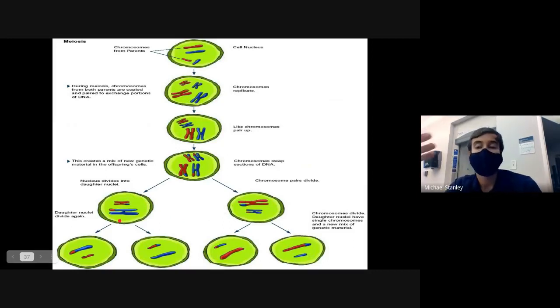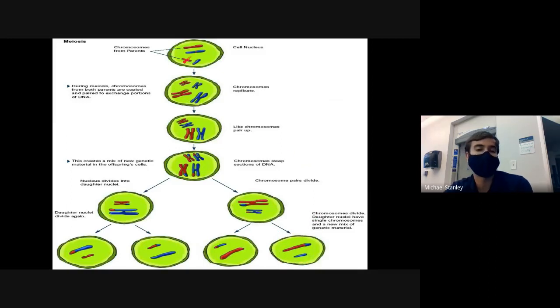So now, at the very end of meiosis, we started off with 2 big and 2 small chromosomes. That was our diploid state. Now, each one of our new daughter cells has 1 big and 1 small chromosome. We've gone from being diploid to haploid.